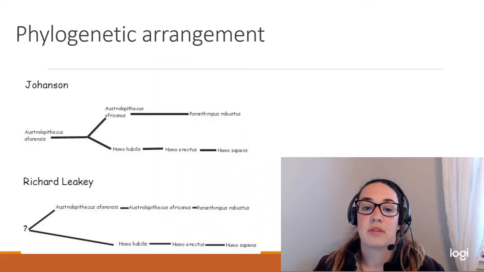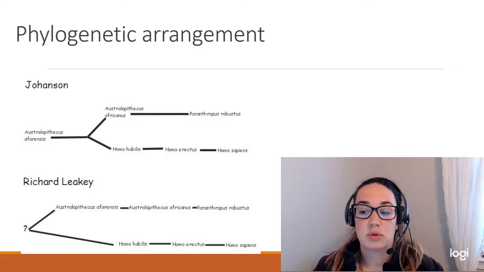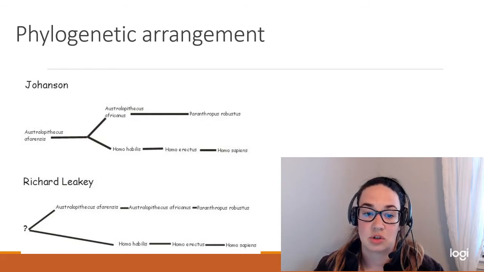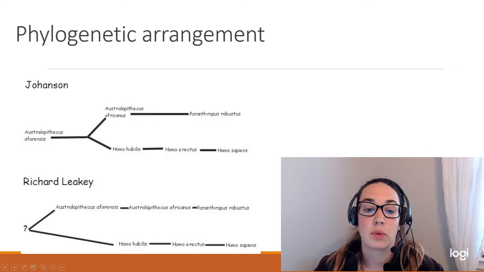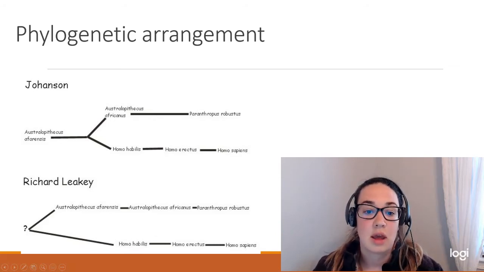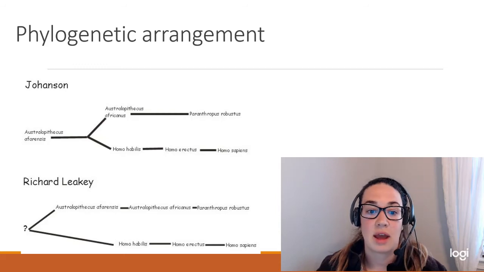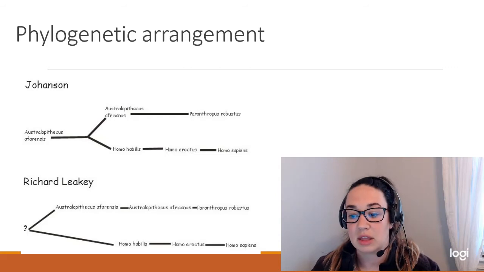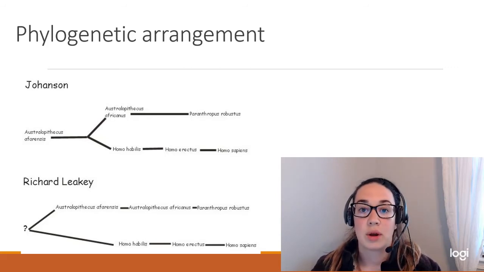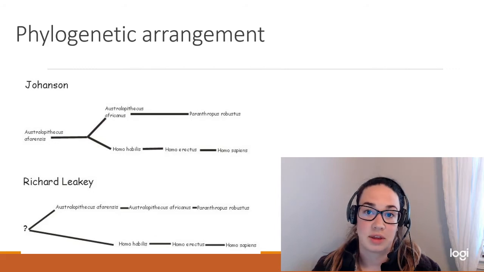So this is just a phylogenetic arrangement of two different scientists trying to determine how we branched off, because we're not exactly sure. So we have Australopithecus afarensis, and we're not sure if they were the primary ancestor of all of these other species, or if there was another ancestor. So Johansen thought Australopithecus afarensis was the main common ancestor here, but Richard Leakey thought that maybe there was a different species that came before Australopithecus afarensis.